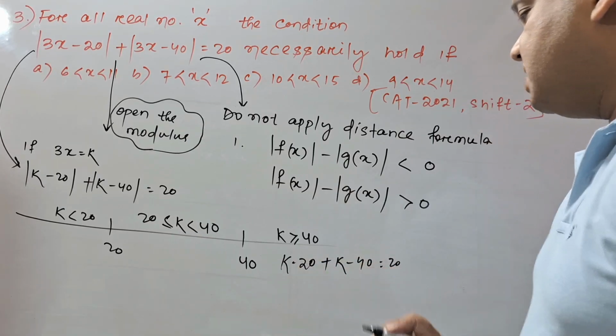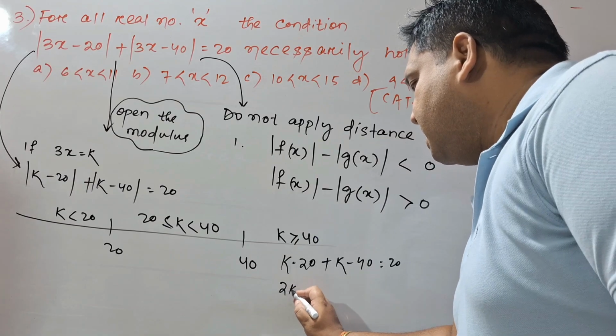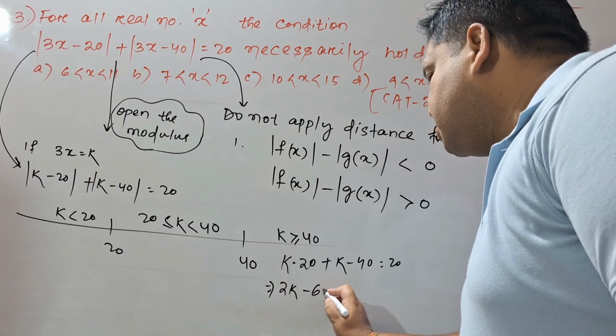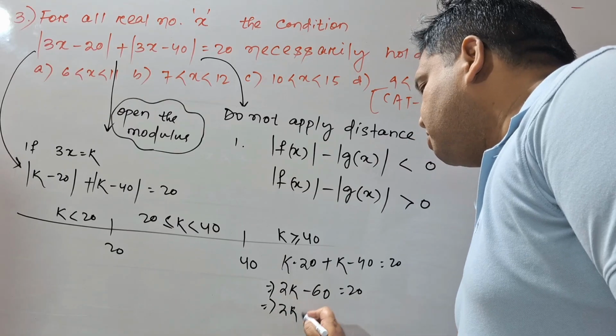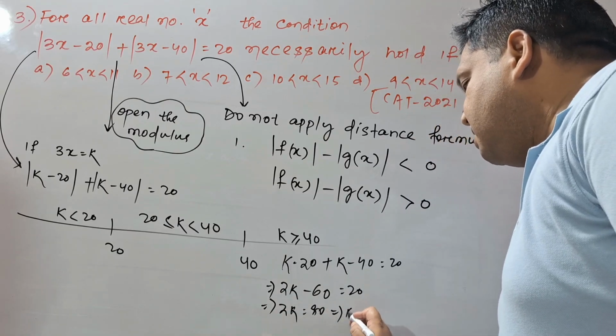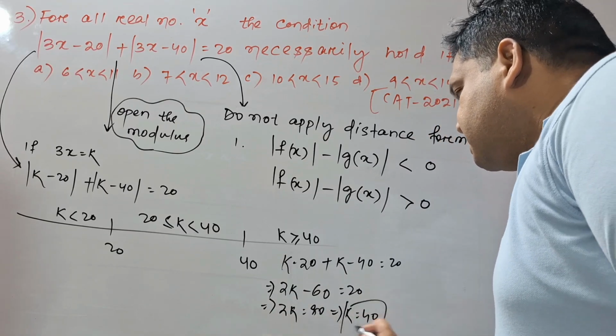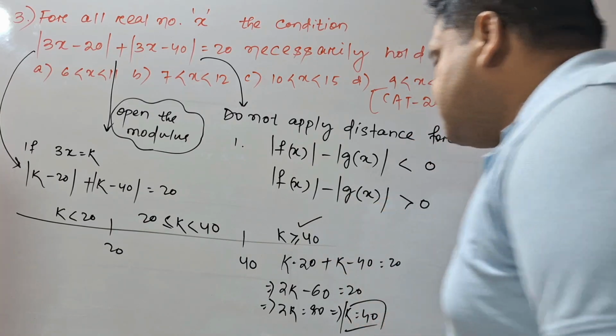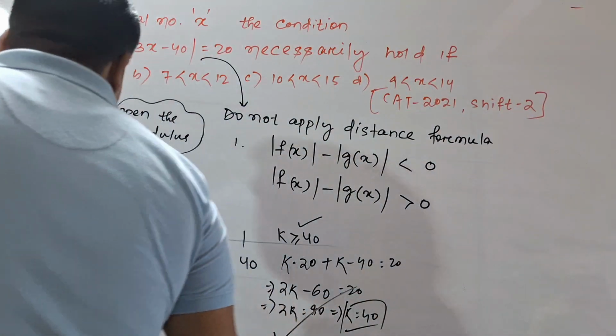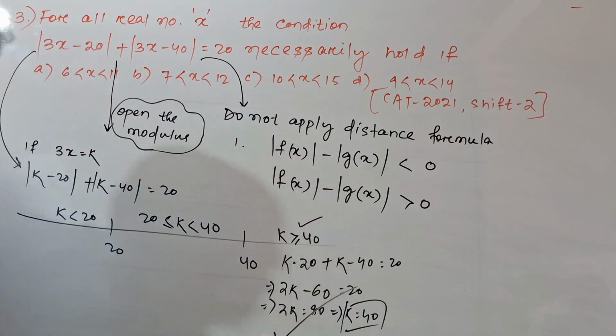If I observe the LHS, this is 2k minus 60, equal to 20. So 2k is equal to how much? 80. So k is 40. In this region I take k greater than or equal to 40 and I get k equal to 40, satisfied. In this region the value is satisfied.